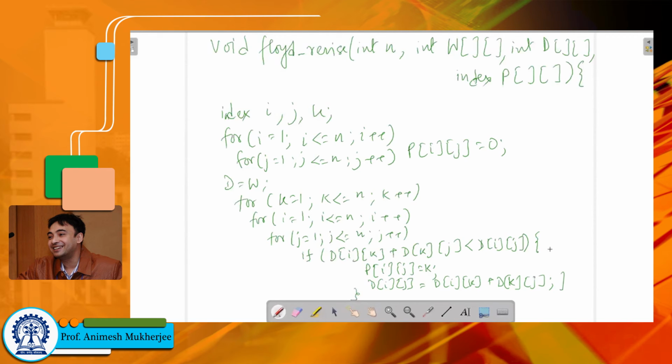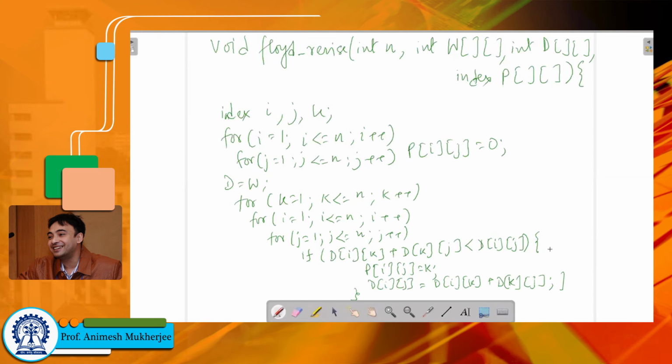You just see that the minimality condition that we had checked earlier, we have broken here. And why have we broken it? So that we could also record the highest index on that path in Pij.